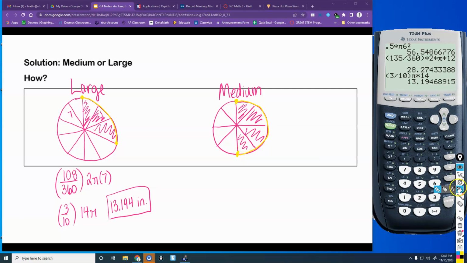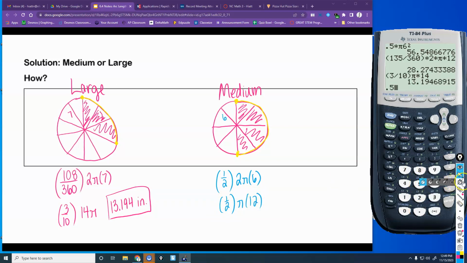So again, you could do angles if you want, but this one especially is very easy, it's 4 out of 8 pieces. So it is 1/2 of our pizza. And our radius on that was 6. Or you can do the diameter, which is 12. So you can do 2 times pi times 6. Or if you want, you can do 1/2 times pi times 12. Both will give you the same answer.